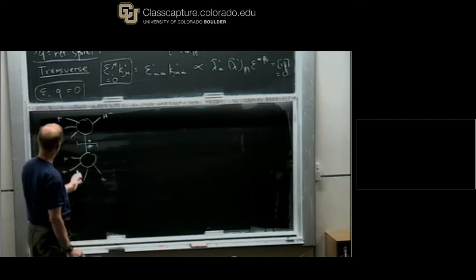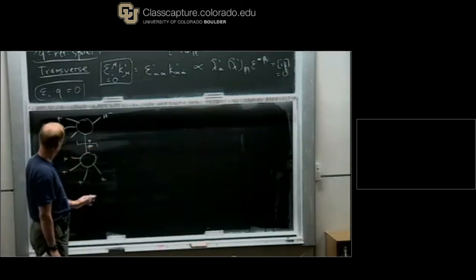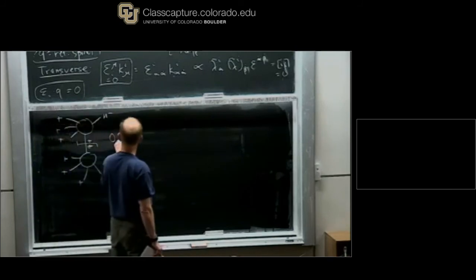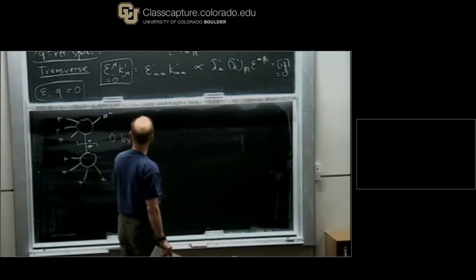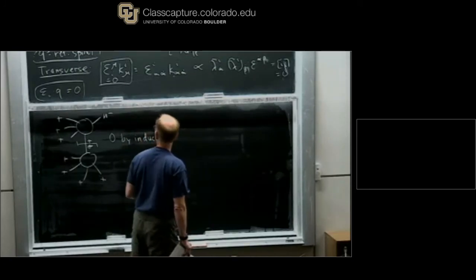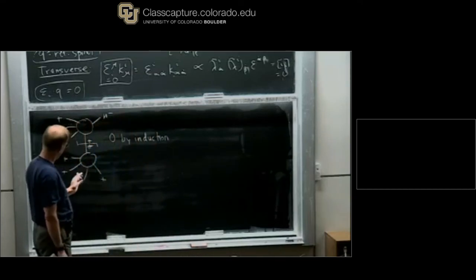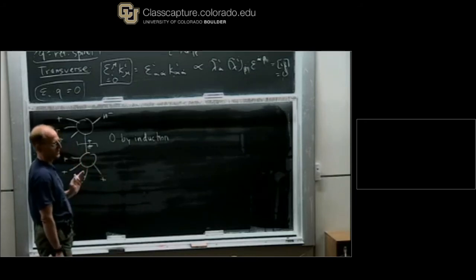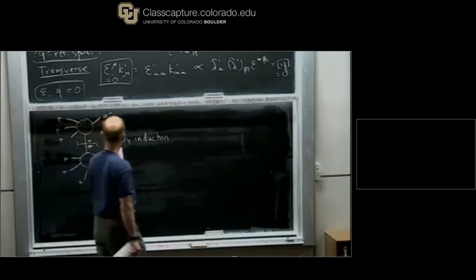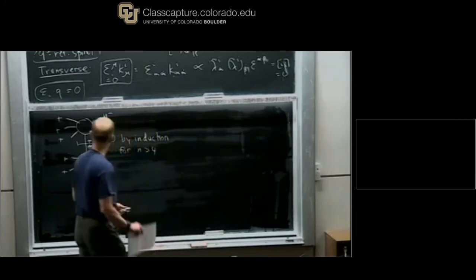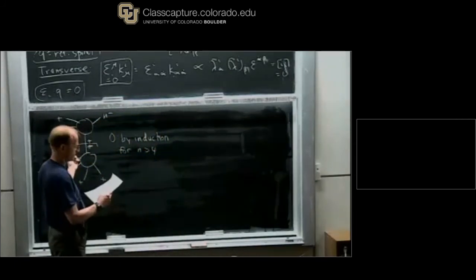Yeah. So now we have an amplitude that has two 1 minus amplitudes, but this is 0 by induction. In other words, we assume that it's true for every case starting with n equals 4. We're going to come back to n equals 4 in a second. But that's just the generic diagram.